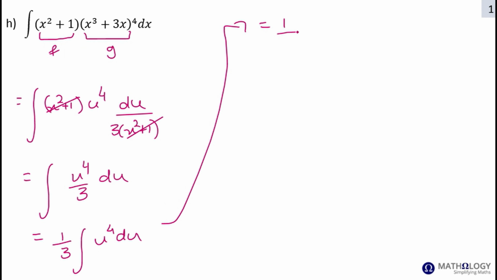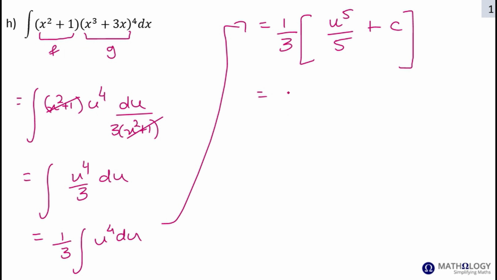So when you integrate that, we'll have a third times the integral of u to the 4, which will be u to the 4 plus 1, so it'll be u to the 5, and we divide by 5, and then add the arbitrary constant.